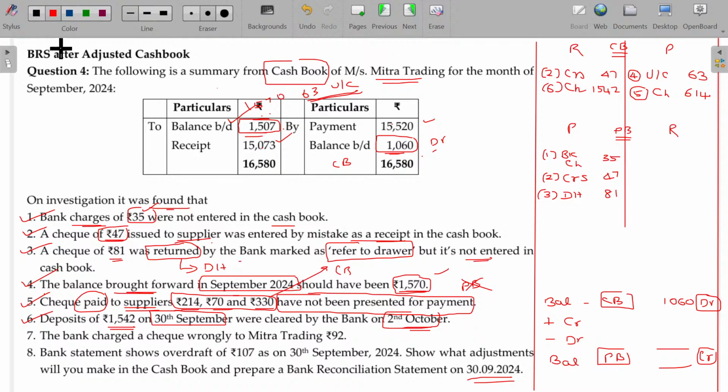Now, seventh one. The bank charged a cheque wrongly to Mitra Trading, rupees 92. Come on, tell me. What does it mean? Charging means, what is called charging? Charging means payment or debit.